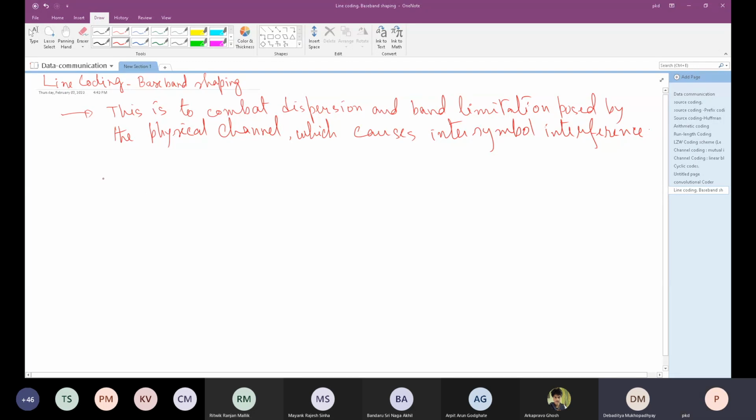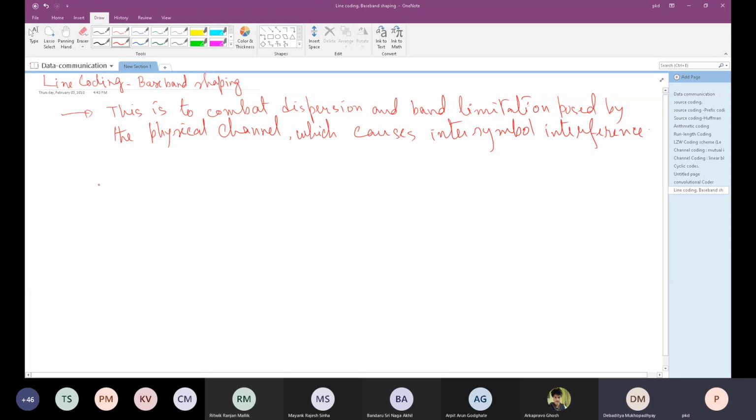There are two aspects of that. One is that the channel could be noisy, and the bandwidth can be very limited. Or maybe our signaling choice is such that it requires more bandwidth per bit. If we choose a proper signaling method, then probably it could be reduced to some extent.